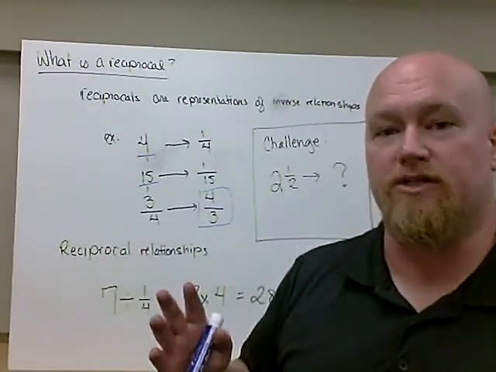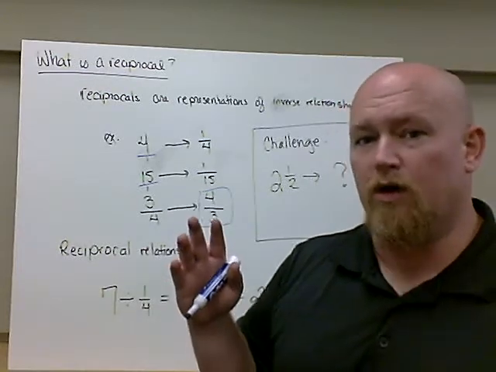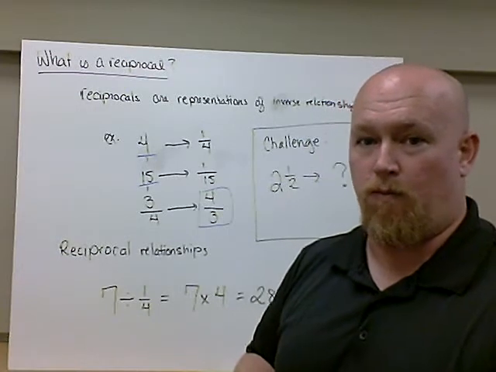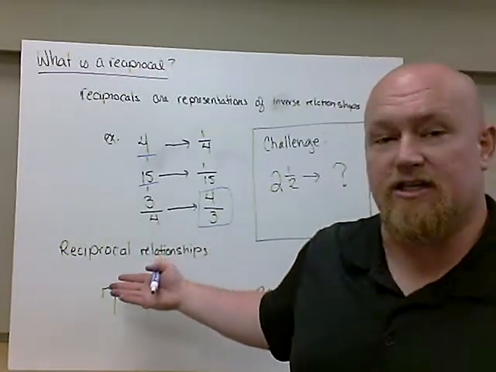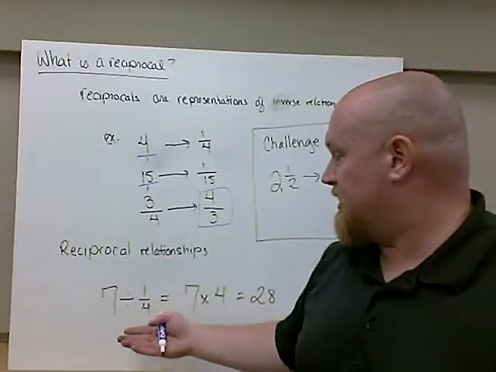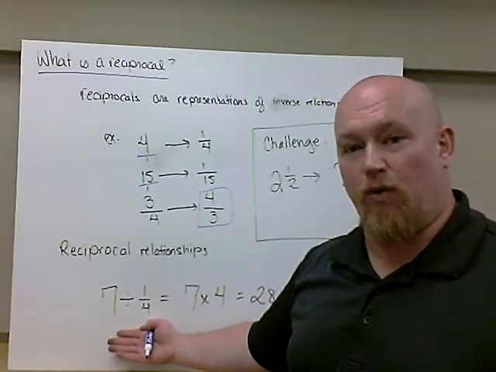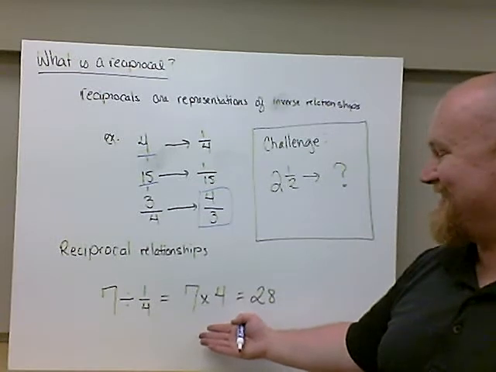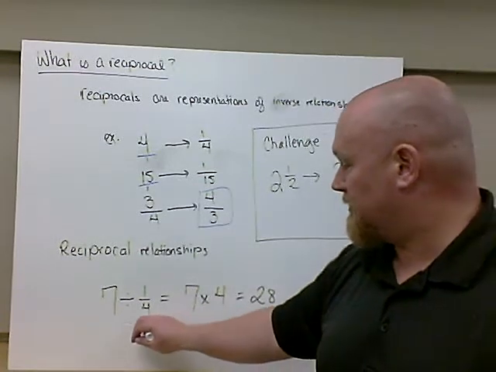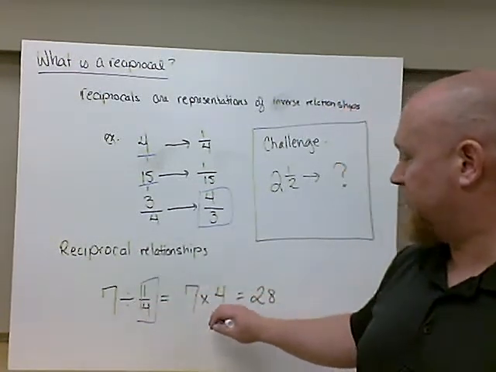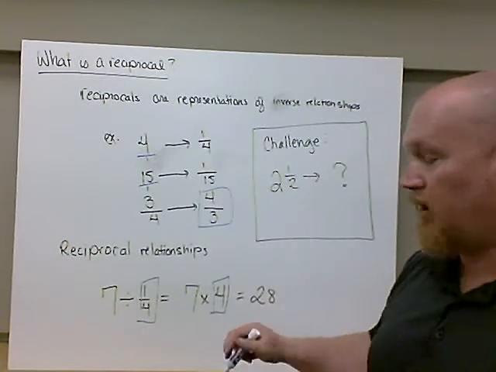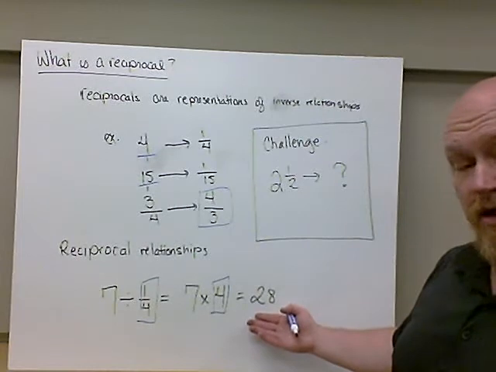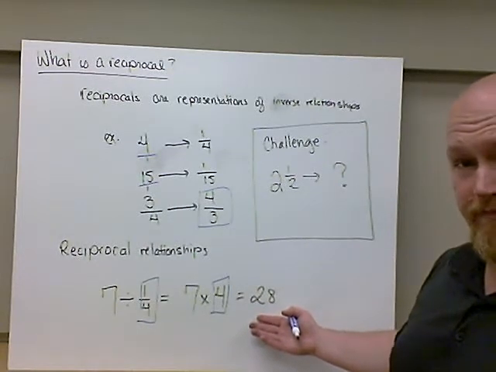That's okay, because we're only going to use reciprocals when we're trying to calculate a quotient through division. The relationship that exists with reciprocals says that 7 divided by 1/4 is equivalent to 7 times 4, because the reciprocal of 1/4 is 4 over 1, which is 4. In both cases, these come out to 28.